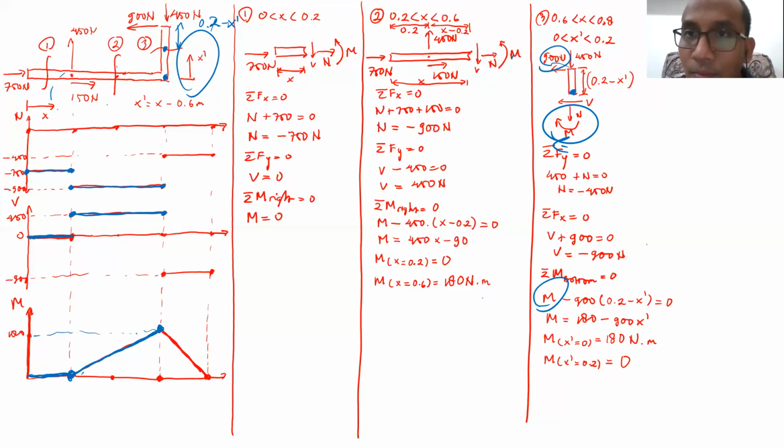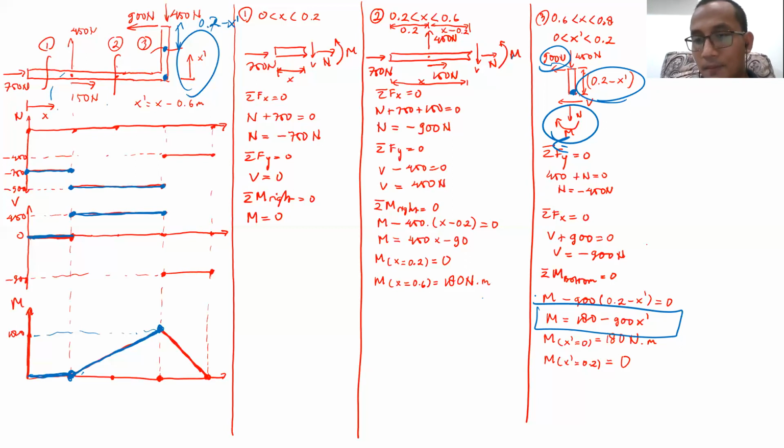The distance is 0.2 minus x-axis, equal to 0. By solving this equation, moment is equal to 180 minus 900 x-axis.